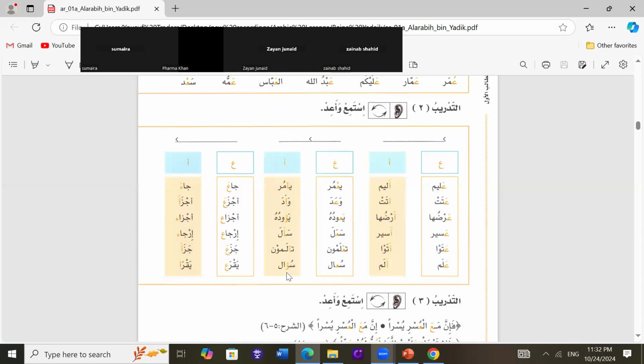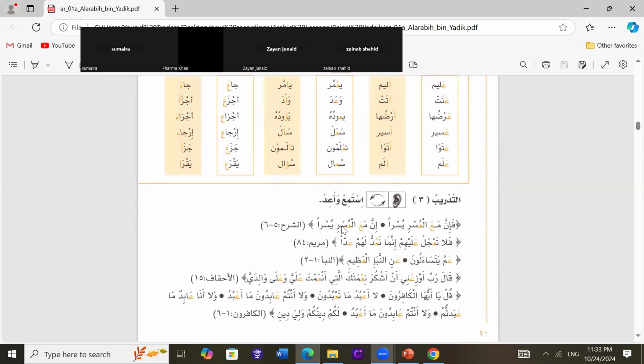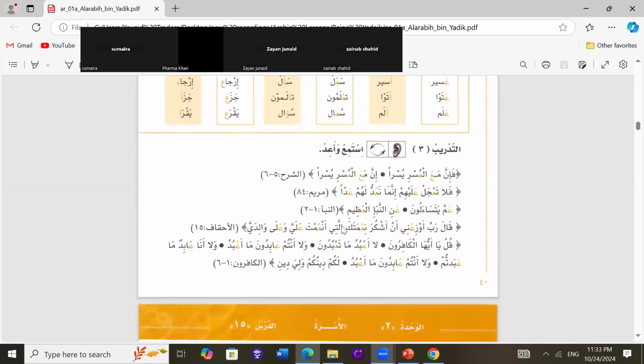Su'al, sa'al. Ja'a, ja'a. Aj'az, aj'az. Irja', irja'. Yaqra'. Okay, so these kinds of words you have to practice a lot, so you can easily come to know what to do for this.